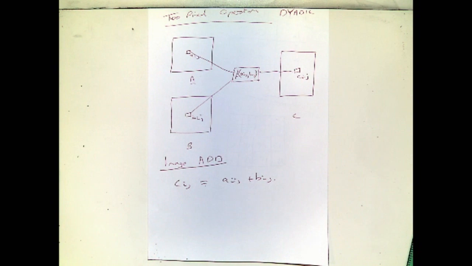What is the minimum value of Cij? What is the lowest value Cij can be? 0. Now, if the maximum individual pixel values are W, white, what is the maximum value of Cij? 2W.